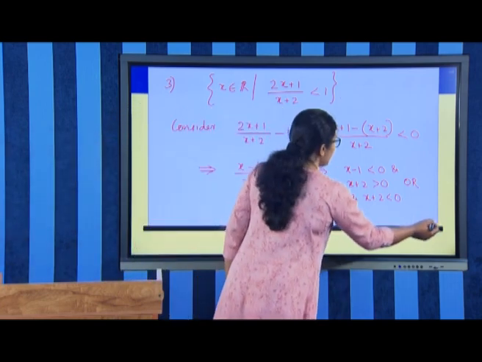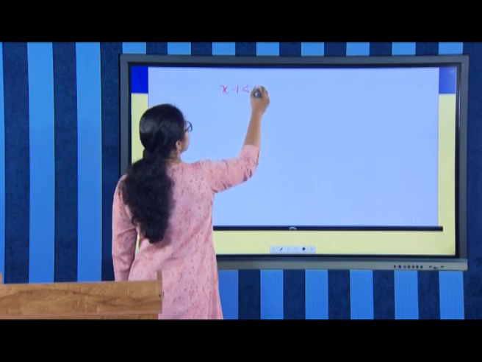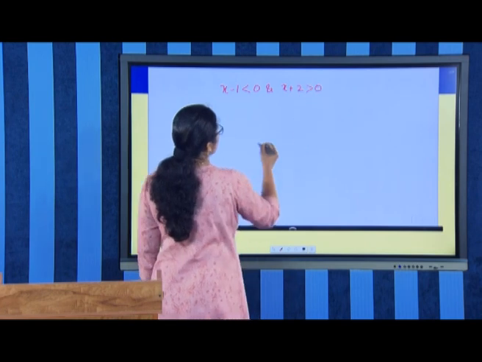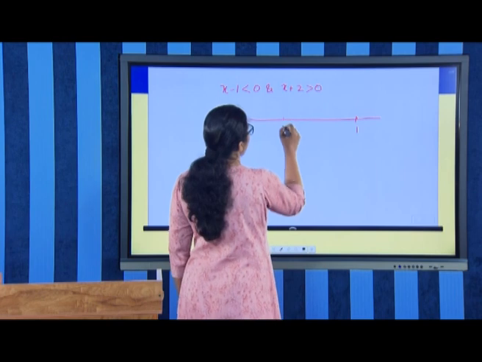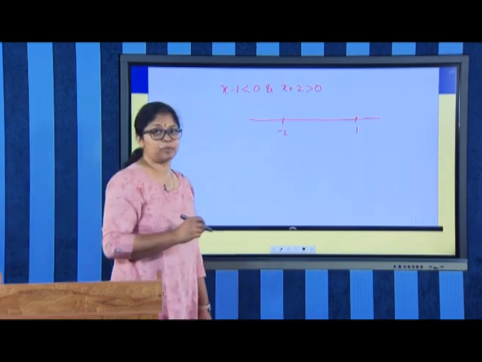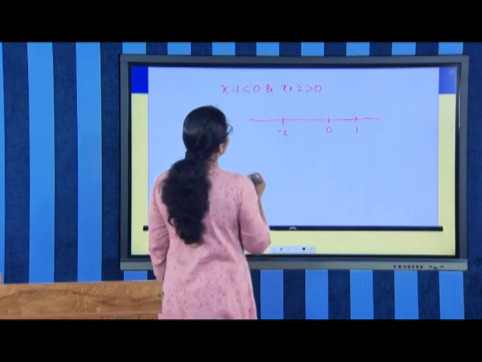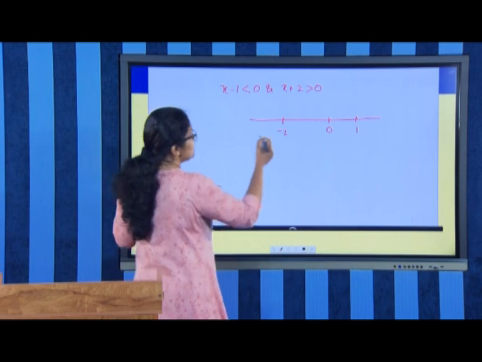So, x minus 1 is less than 0 and x plus 2 is greater than 0 means, if we draw the real line, we consider 1 and negative 2 as we have done in the previous case, and somewhere here you have your 0. x minus 1 is less than 0 means x is less than 1.